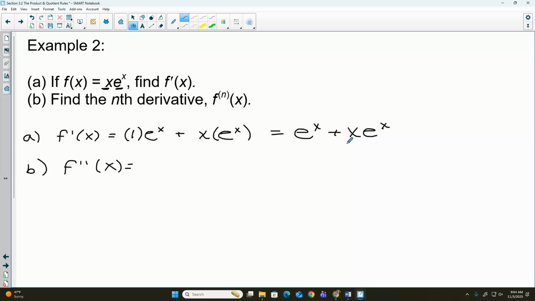So the derivative of the first term is still e to the x. Plus, to do the derivative of this term, we have to do product rule. Derivative of the first, so derivative of x is 1 times the second, plus the first times derivative of e to the x is e to the x.